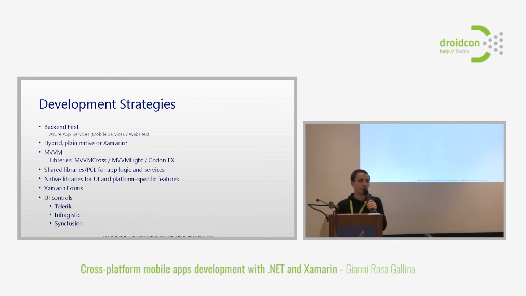But if it's a business application or a line of business application, maybe the users of a hybrid application can't even see the differences between a native application or a hybrid one. Plain native, it depends if you have the team available to build 3 applications or 2 applications, depending on Android or iOS.